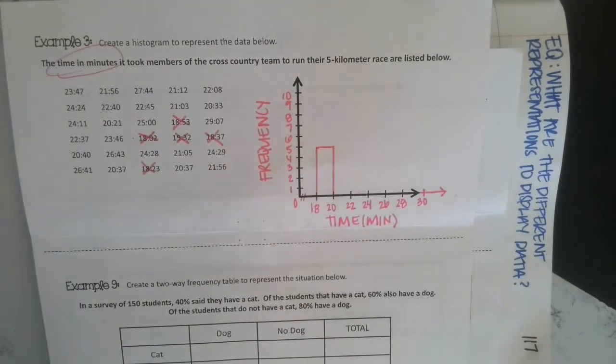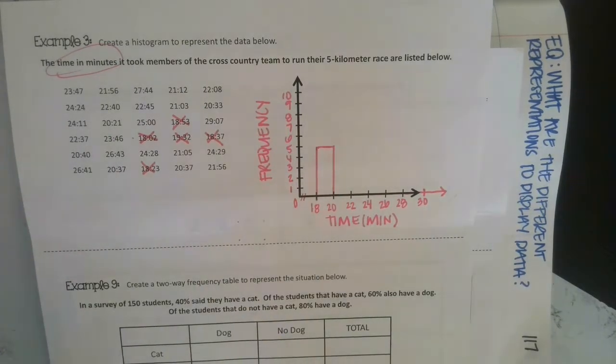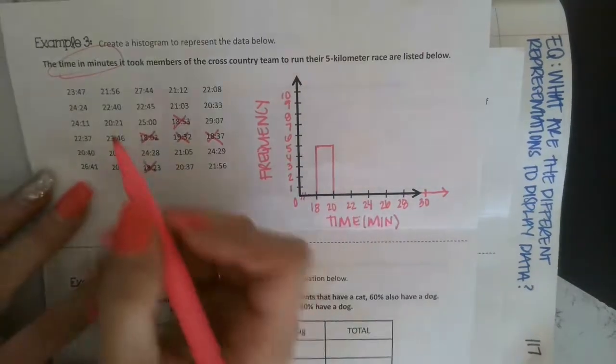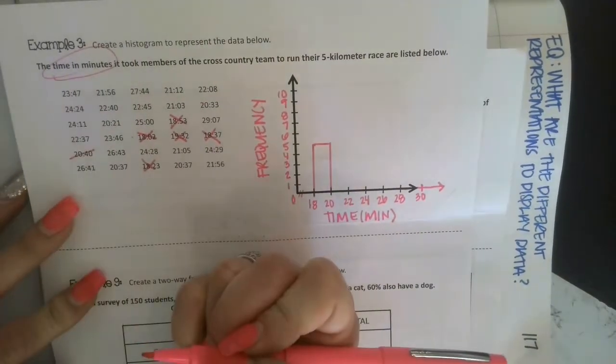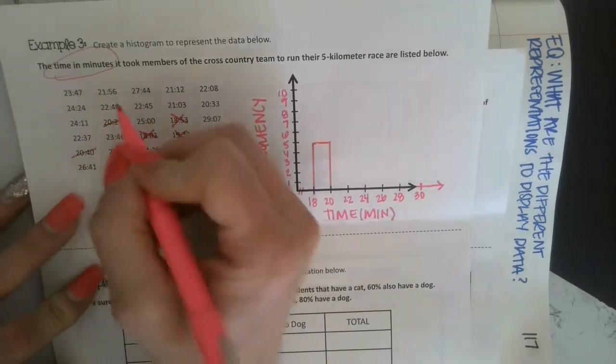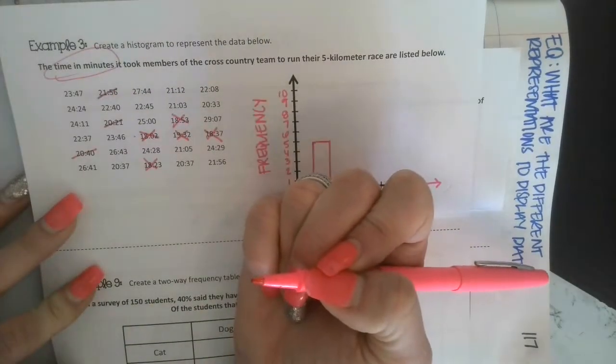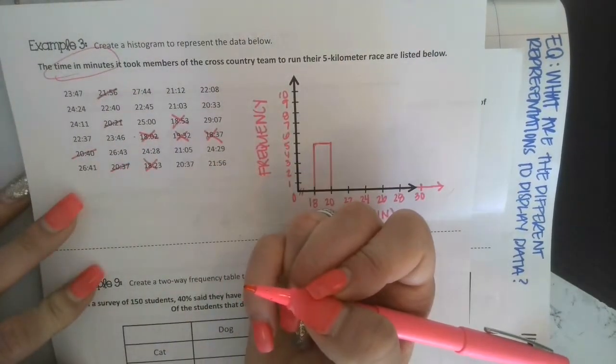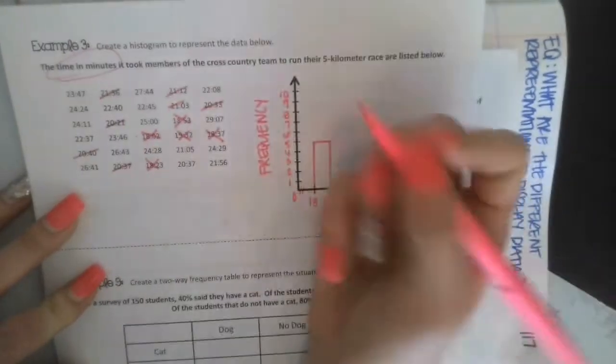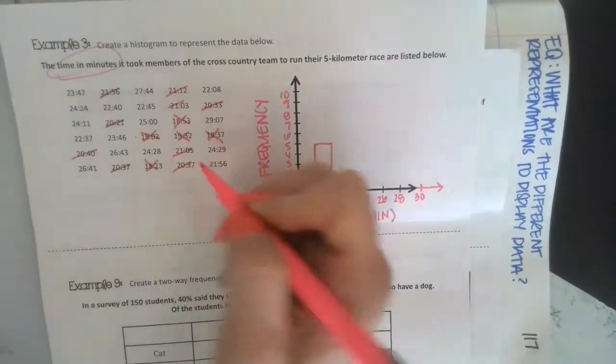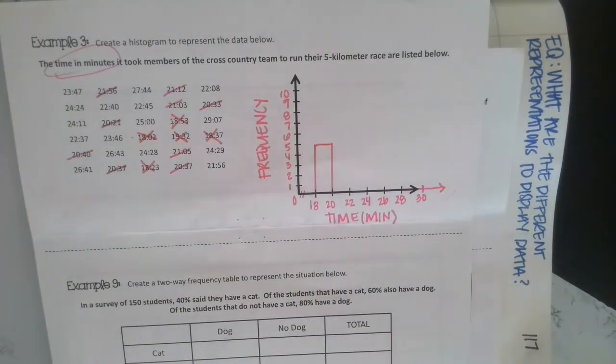Then we are looking at 20 to 22. So anything above 20 and less than 22. So I have 1, 2, 3, 4, 5, 6, 7, 8, 9. Is that how many?